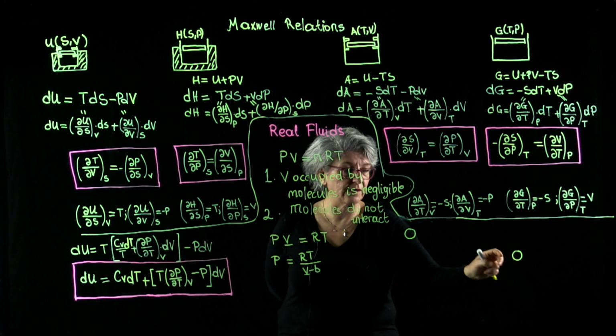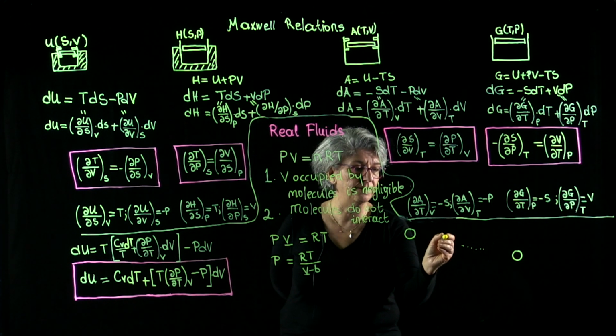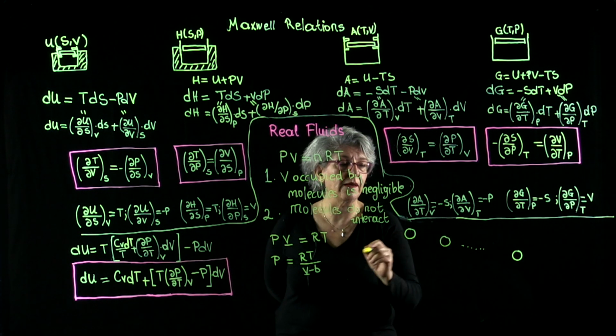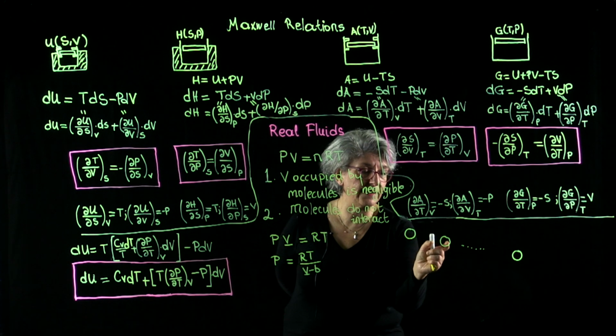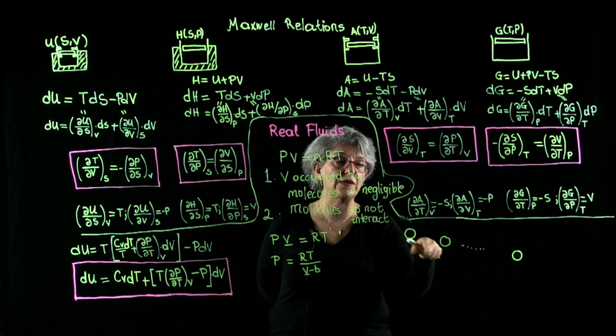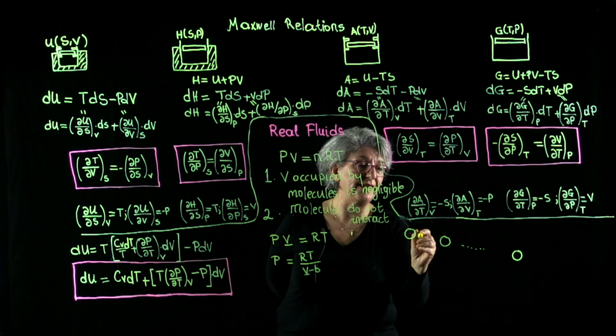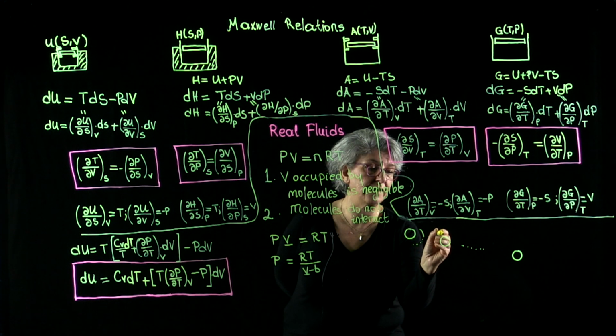Obviously, they don't interact, but as they move closer and closer, they will start to feel the force field created by the electron motions around them. And they will be attracted to one another, right?